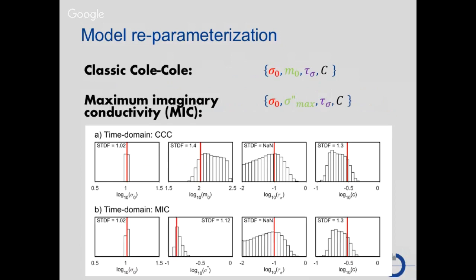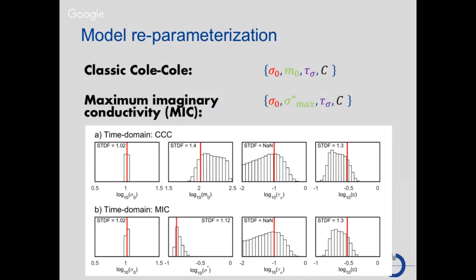And this is the maximum imaginary conductivity model, where here we have sigma second instead of M0. In this case, the standard deviation of the distribution is less than 1/3 of the standard deviation of M0. And that's for free. You have the same data and the same model parameters, but this parameter is by far better resolved.